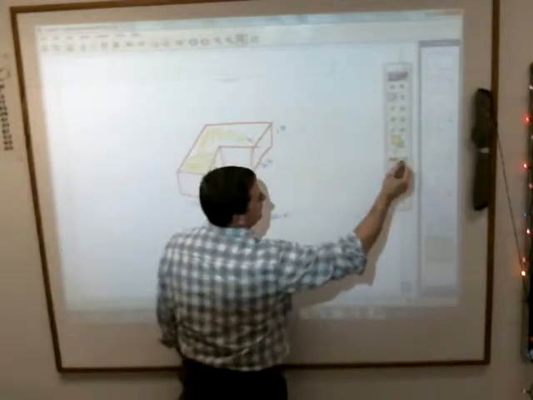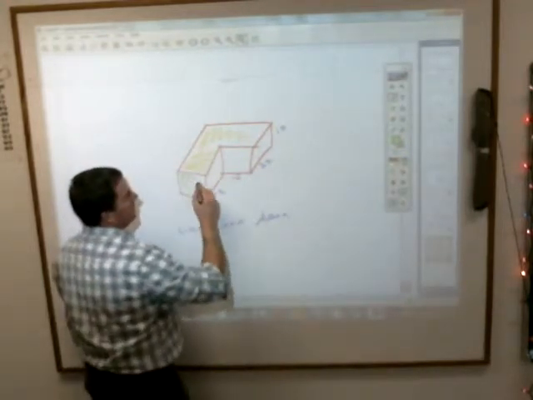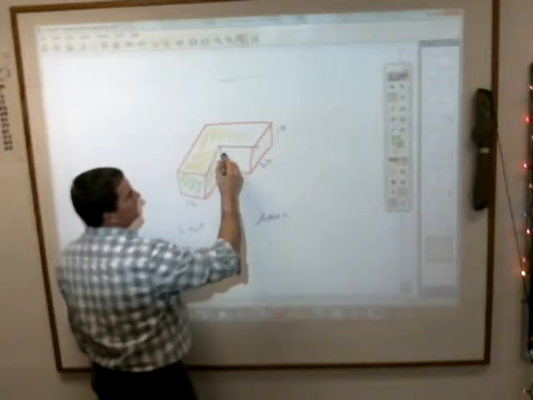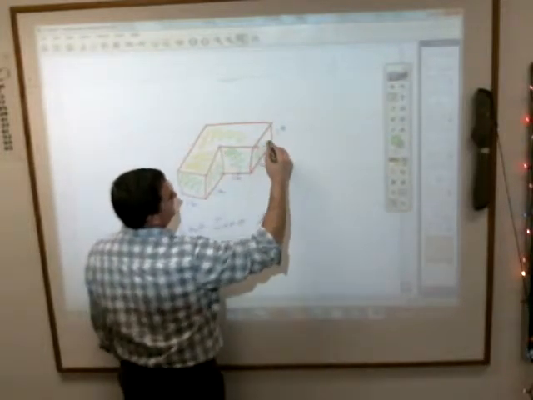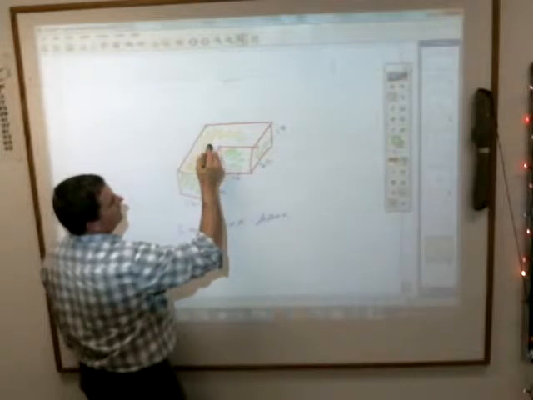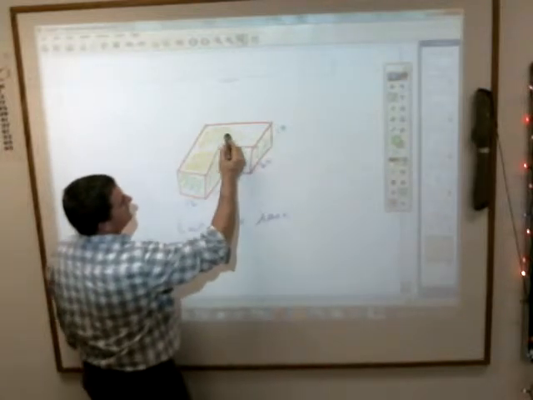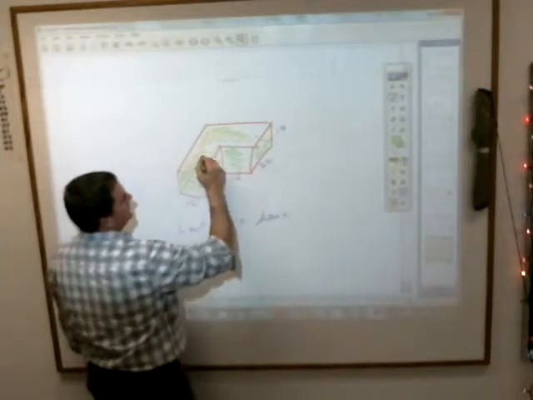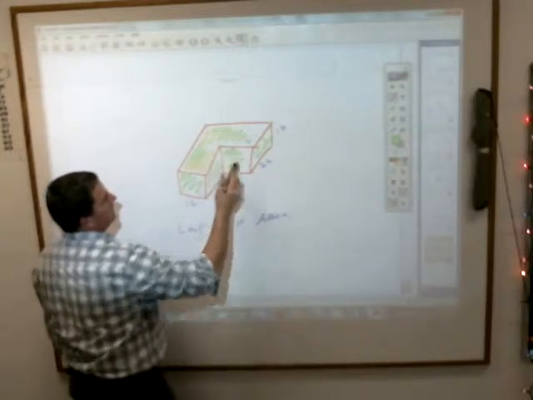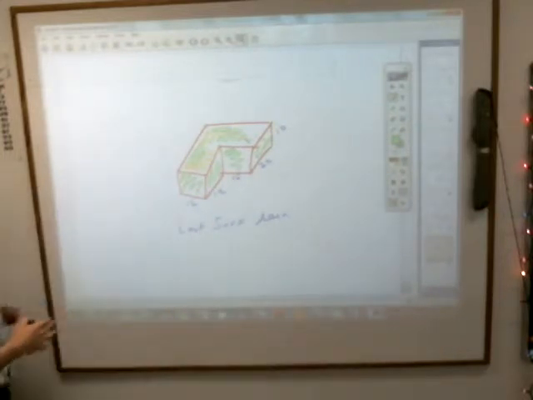You are just including the area of this side, this side, this side, this side, and over here there's a side you can't see, and over here there's this side you can't see. Okay, that is what you're doing when you're finding the lateral surface area.